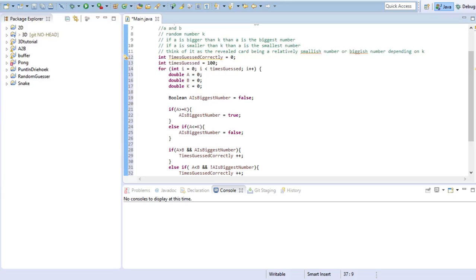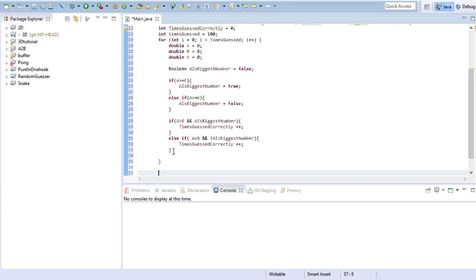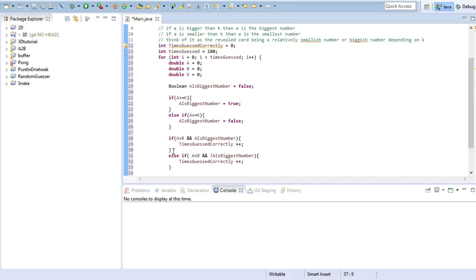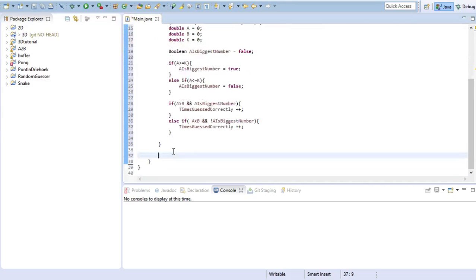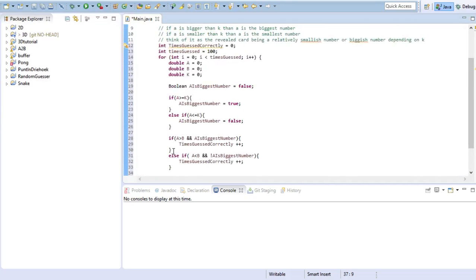I think you should just divide the smallest number by the biggest number.